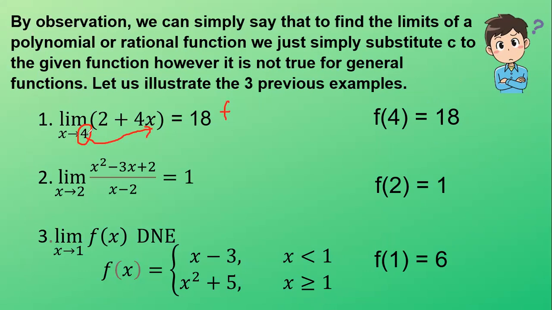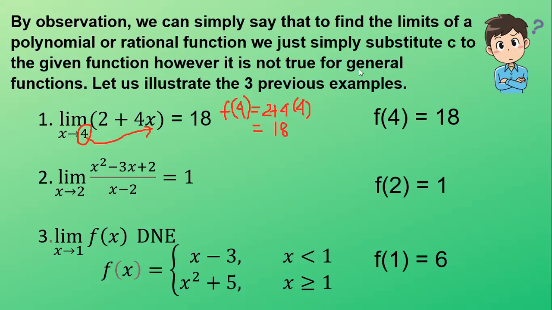Since x approaches 4 daw, find or evaluate the function at x is equal to 4. So f of 4 is equal to 2 plus 4 times 4, and we will get the answer of 18.